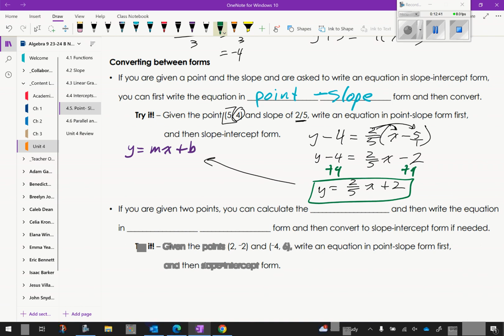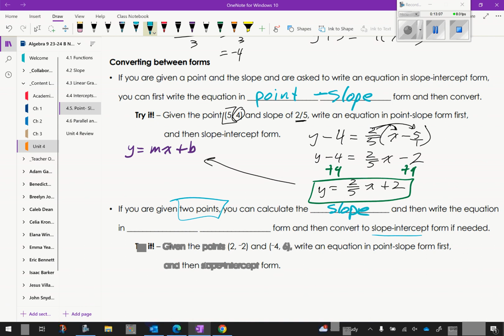Now again, you might be faced with the challenge of taking an equation of a line, putting it into slope-intercept form, just given 2 points. Well, we're going to start the same way we did with the previous example. We're going to calculate the slope.